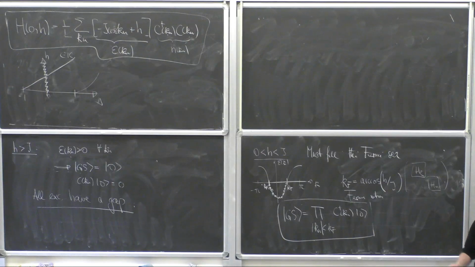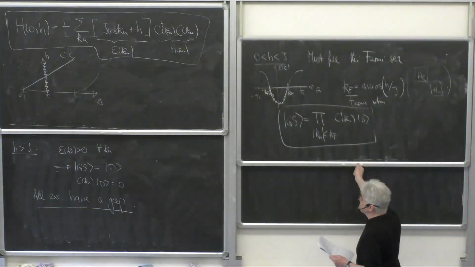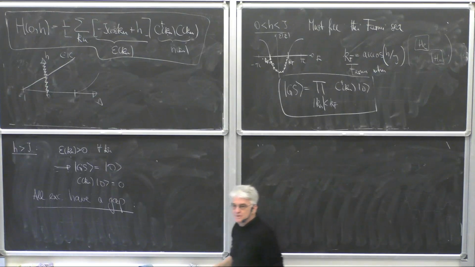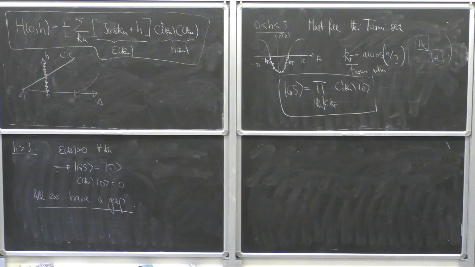Let's assume it's an even number. So what is this commensurate-incommensurate transition then? Well, it's a transition between a ground state which is a Fermi sea, and a ground state which is the fermion vacuum, yeah, with gapped excitations.